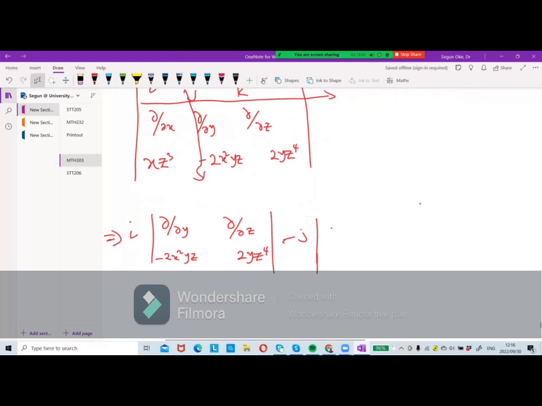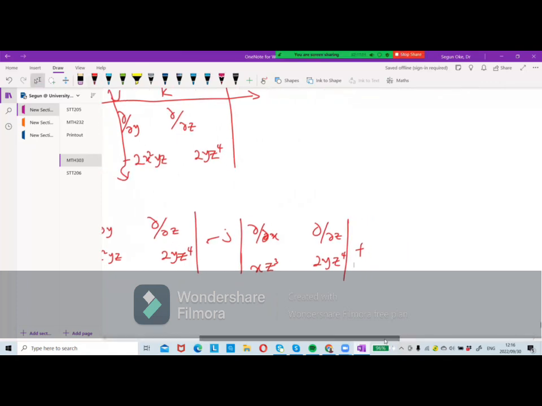So we have what? d/dx, xz^3, d/dz, 2yz^4, plus k.